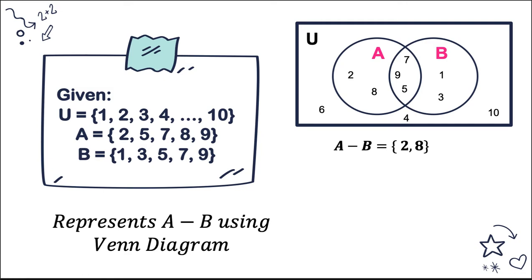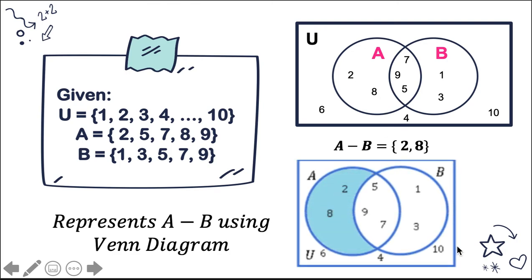Then we represent it in a Venn diagram. It will just be this part only where 2 and 8 lie. So therefore, the Venn diagram will look like this.